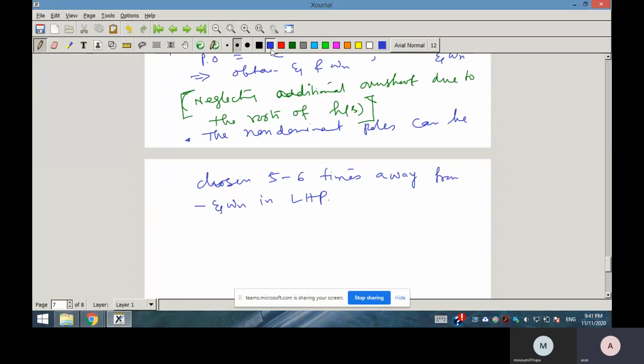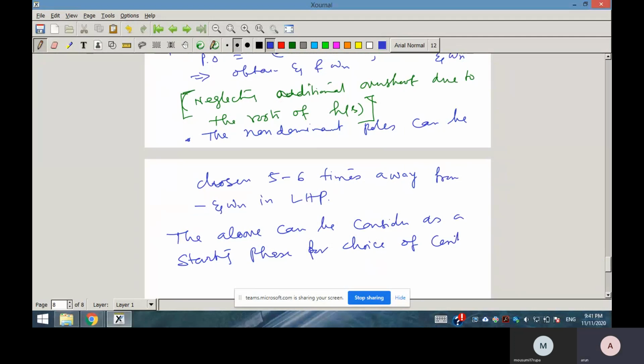The above can be considered as a starting phase for the choice of closed loop polynomial. For the ultimate choice you have to make some iterations so as to meet some other specifications, as I said.